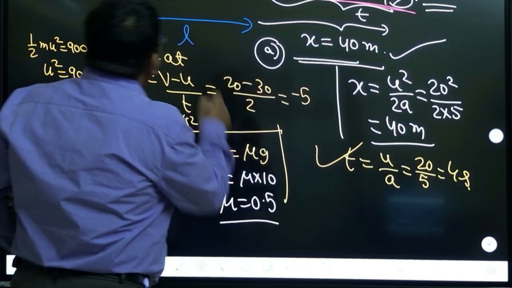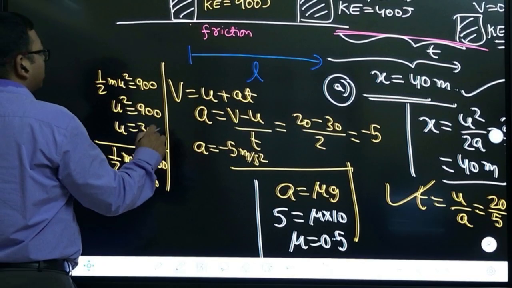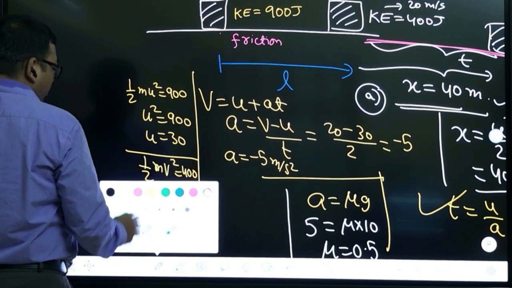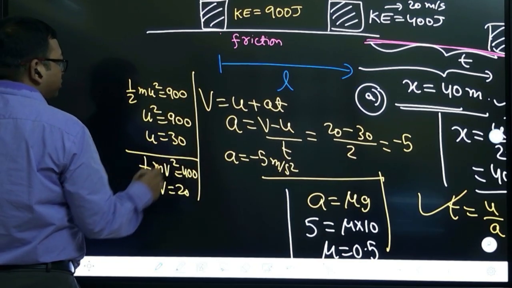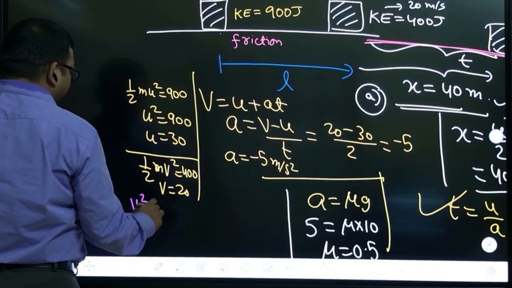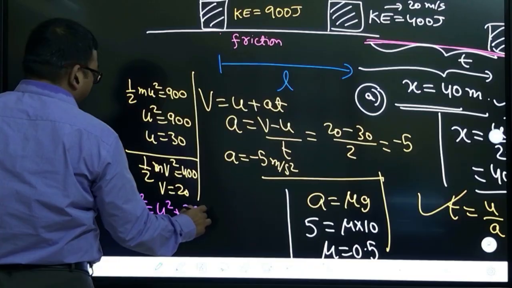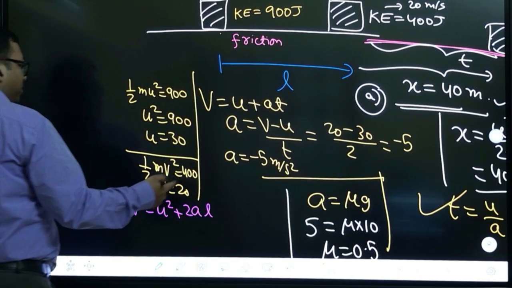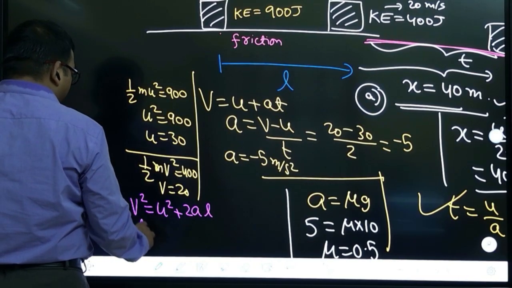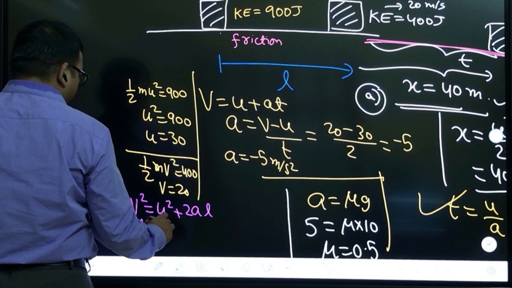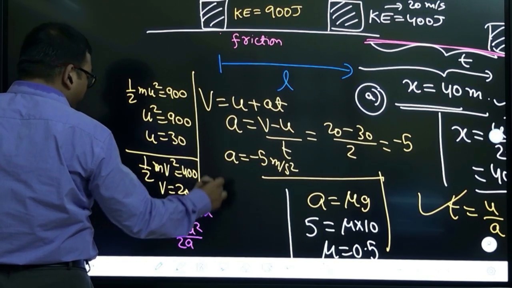L they are asking. What will be L? They are saying L is 50 meter. Check whether L is correct or not. We can use v square equal to u square plus 2ax, right? A is negative here because it is retardation. So L will be v square minus u square by 2a. Here we will use proper sign.